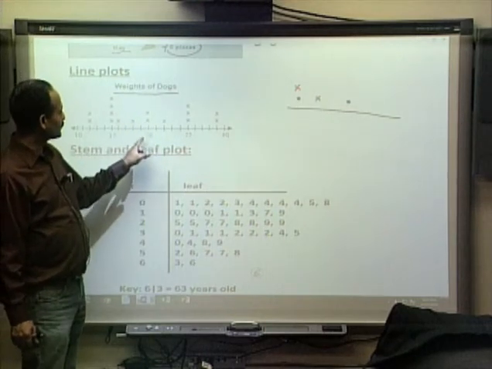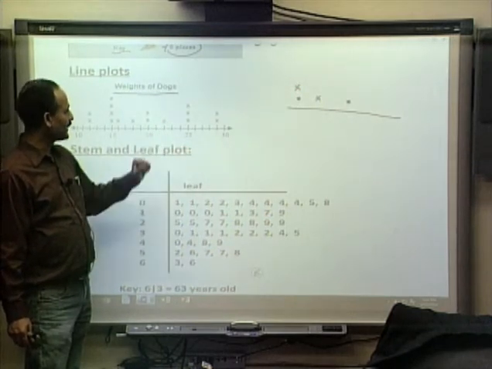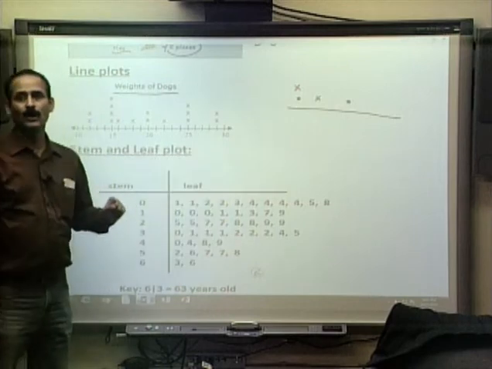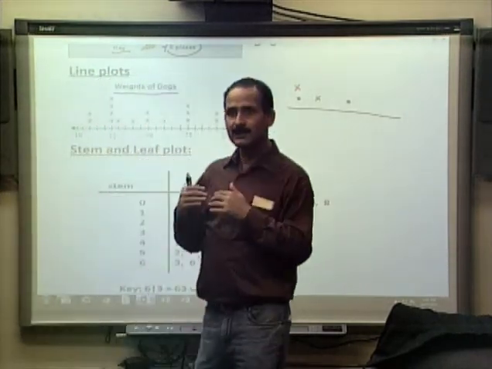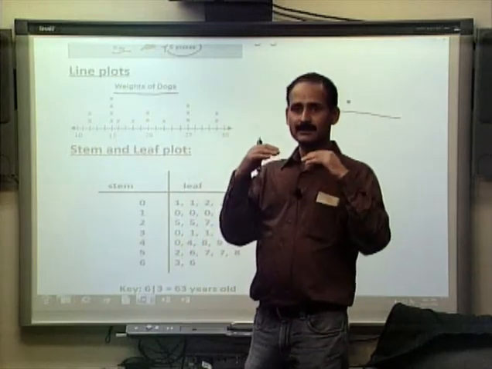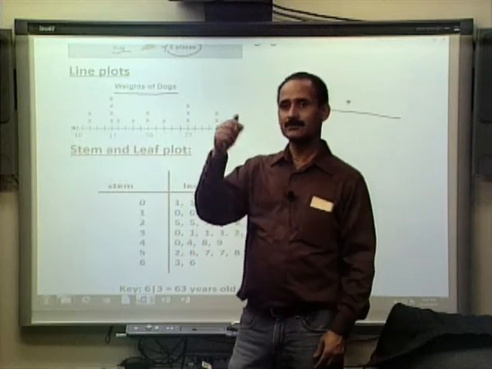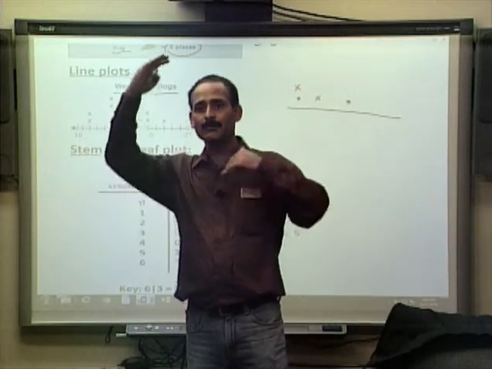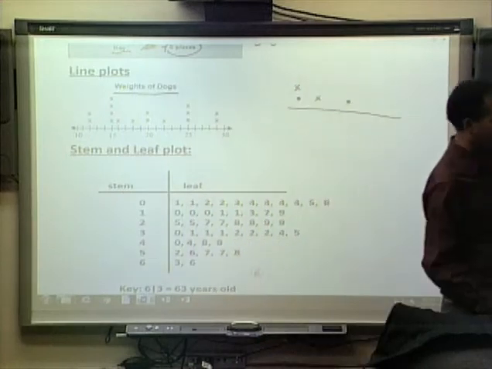There are two dogs whose weight is 20 kilograms. There is a single dog whose weight is 22 kilograms, and so on. So, this line graph is representing the data that consists of the weights of various dogs.